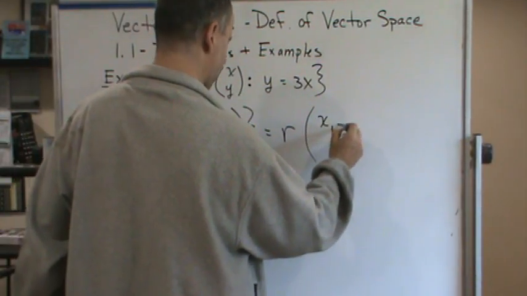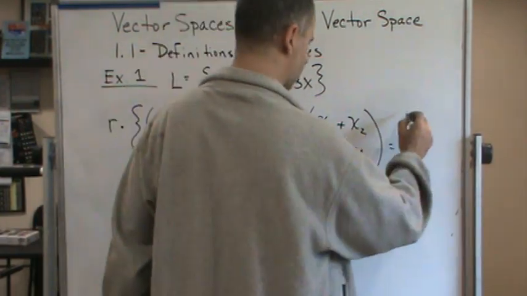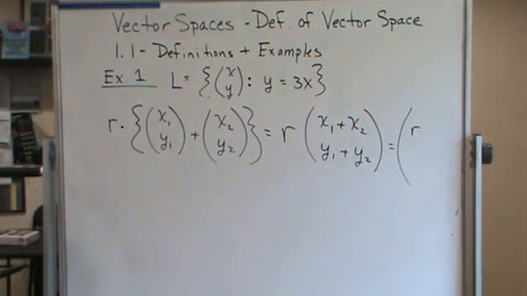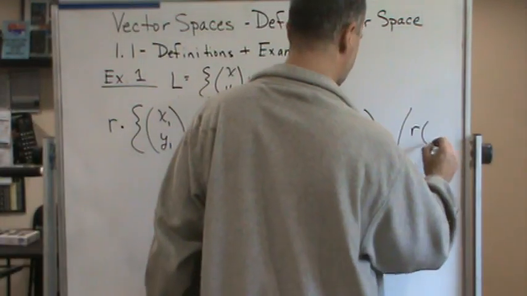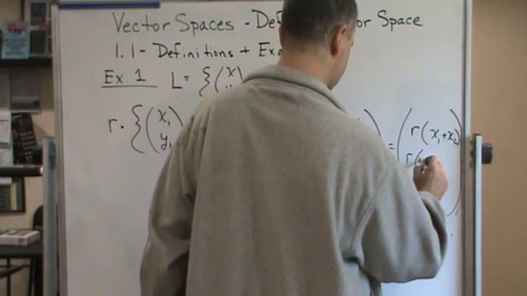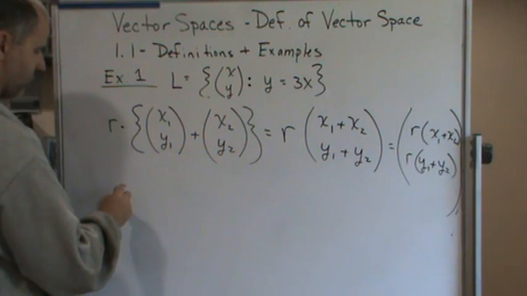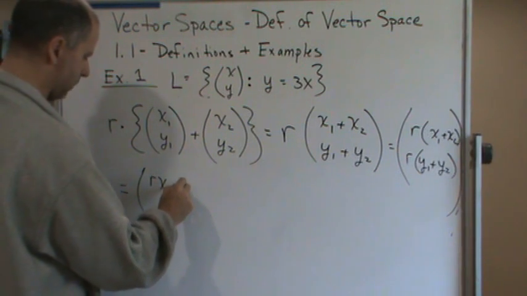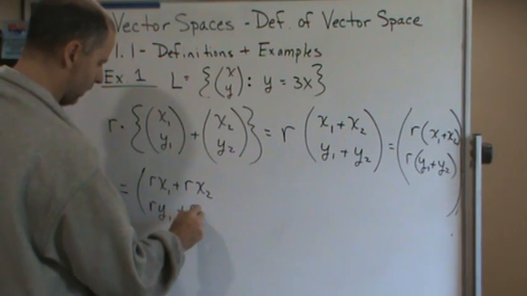This will be (x1 plus x2, y1 plus y2), which is then going to equal R times (x1 plus x2), R times (y1 plus y2), and of course now we can use the distributive property for real numbers, and that's going to give us R times x1 plus R times x2 and R times y1 plus R times y2.